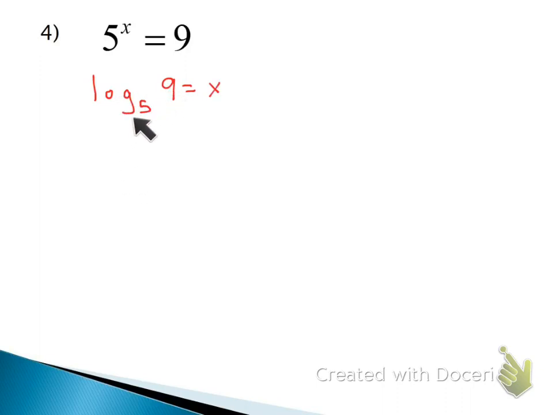You all can get this for me, can't you? Log base 5 of 9. It's going to be 1 point something. Let's go 3 decimal places. Log base 5 of 9. Maya, what did you get, hun?